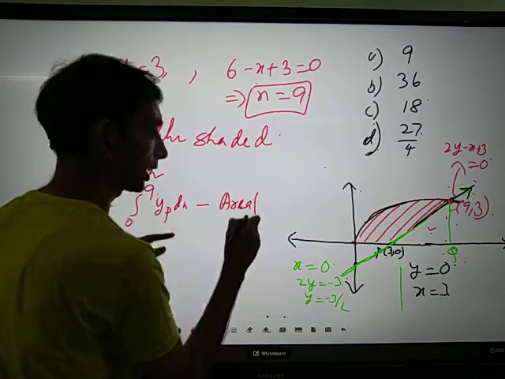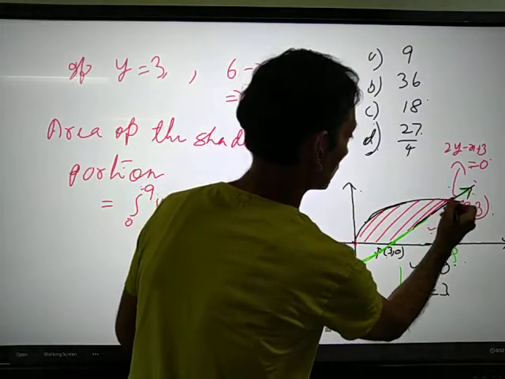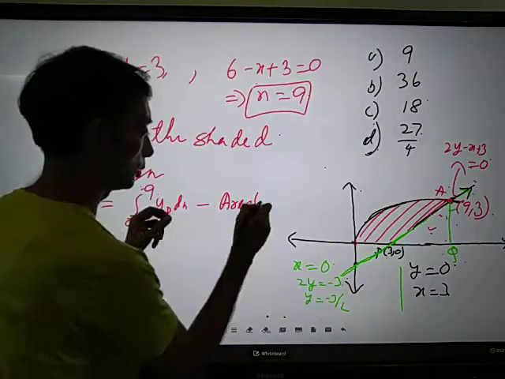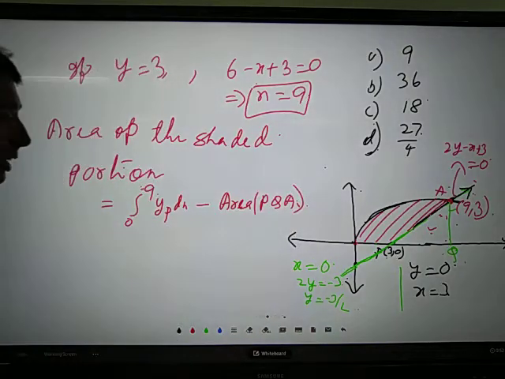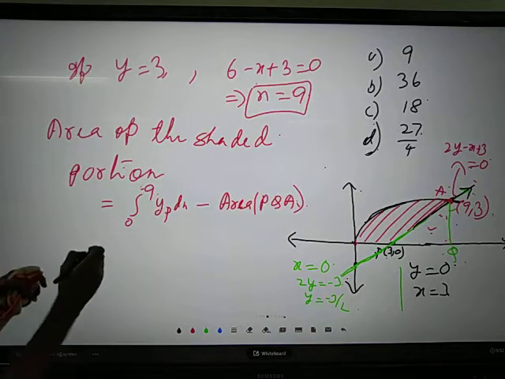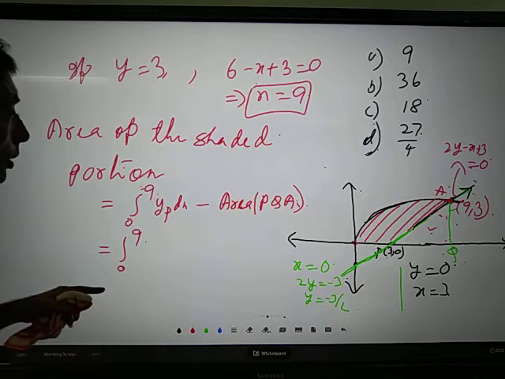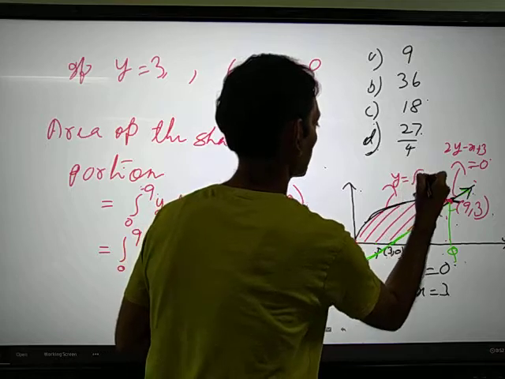Area of the triangle, that is PQA. Now 0 to 9. What is the value of y? The equation of this is y equal to root x.